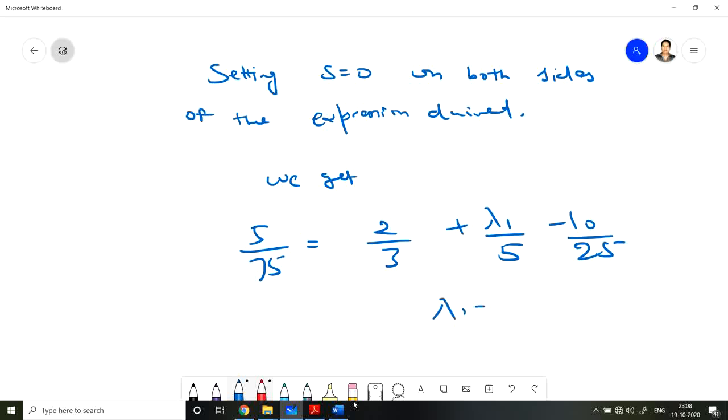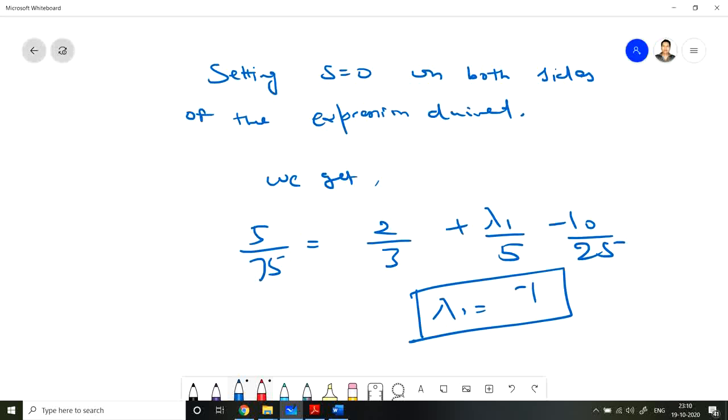So lambda 1 is equal to minus 1. So this is a very simple method. Basically we don't need to do any differentiation because it is very difficult to find the differentiation. Then after finding this value, the rest of the procedure is the same.